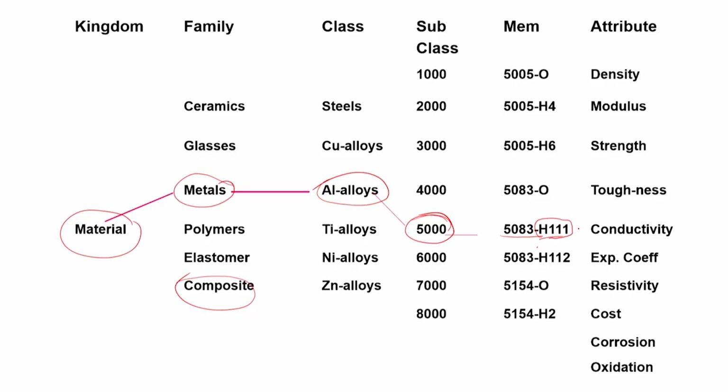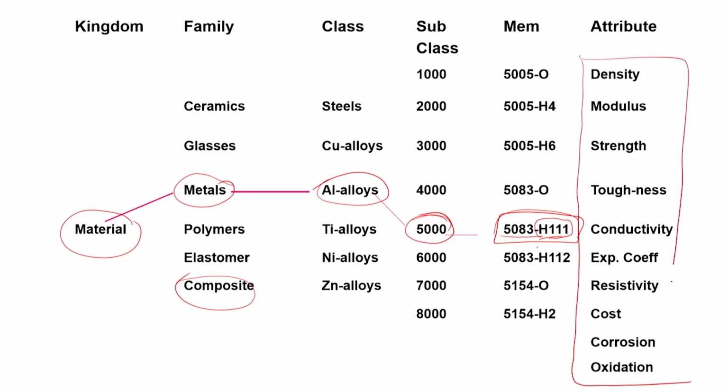So, that is the complex process today, that in terms of the choice of the material, this becomes the final choice. So, this is just to tell you that considering all these attributes that I have given here, one can come to the conclusion that for automobiles, one of the best choices is 5083 H111.